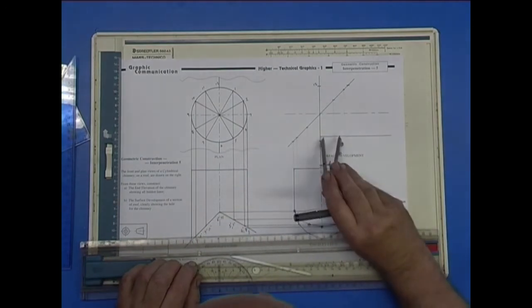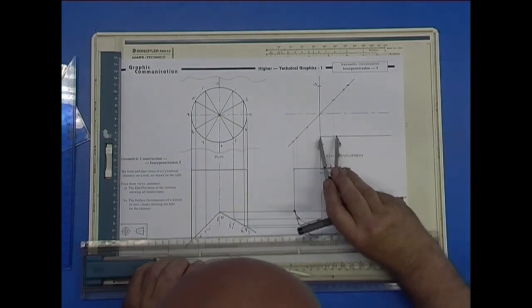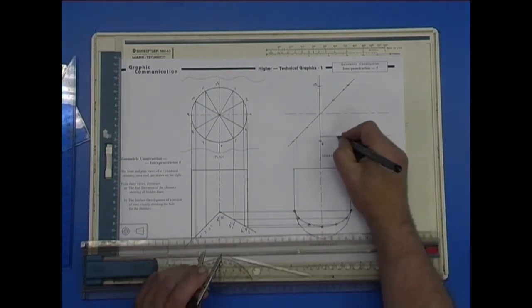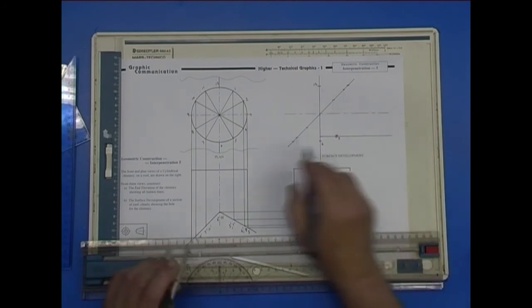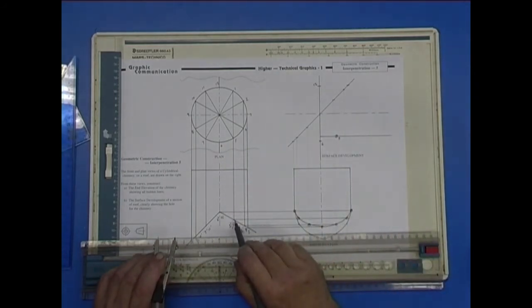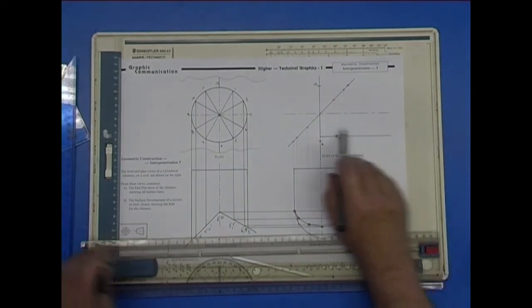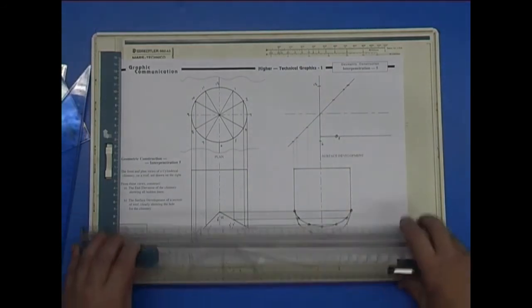So 5 from the datum line, which is the centre line, gives us point 5 there. Point 4 we know is going to be folded out along there.